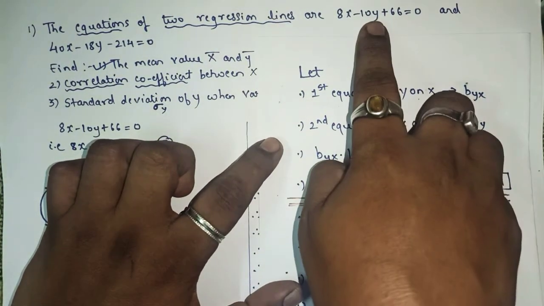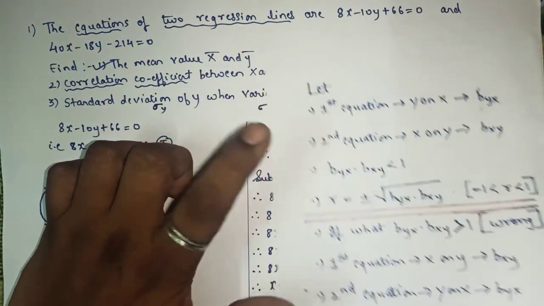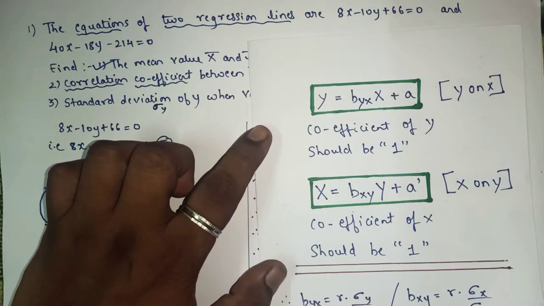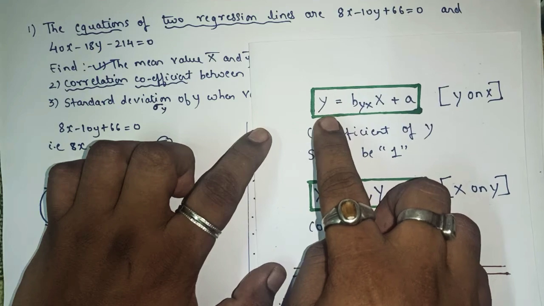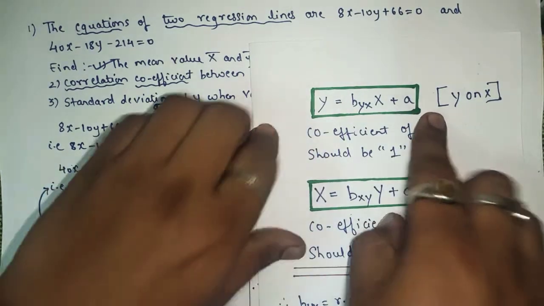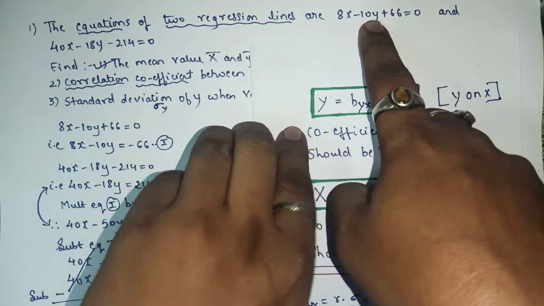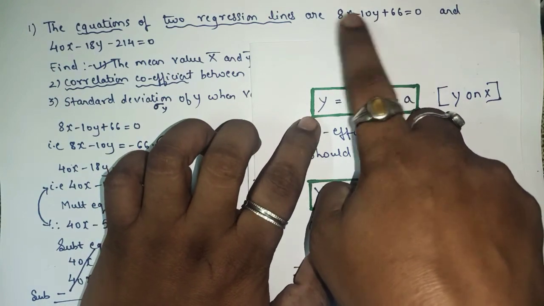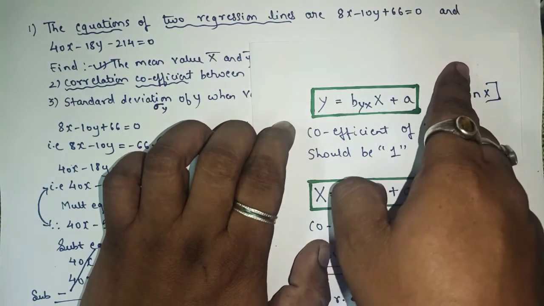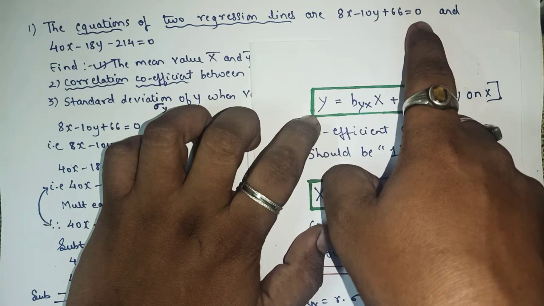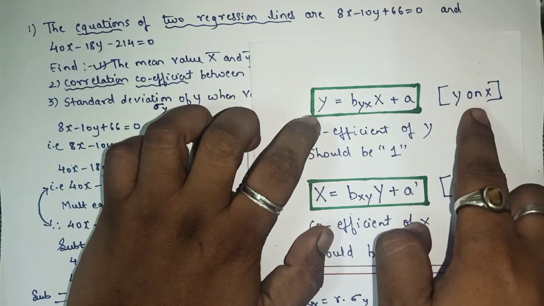When you consider the first equation as y on x, you will convert that equation into this format. That means you will keep y on the left hand side and shift x and the number to the right hand side, to convert the first equation into y on x.